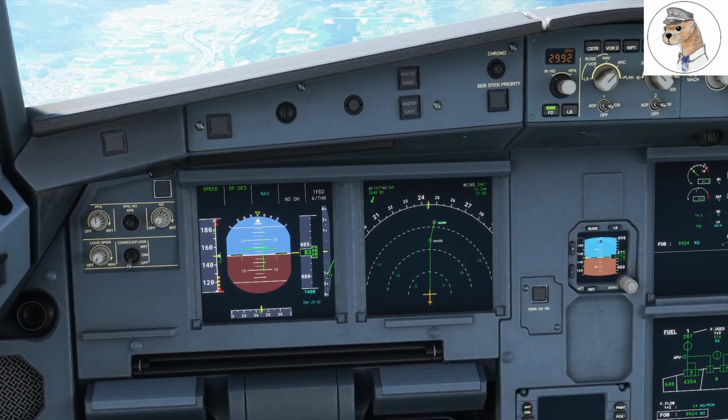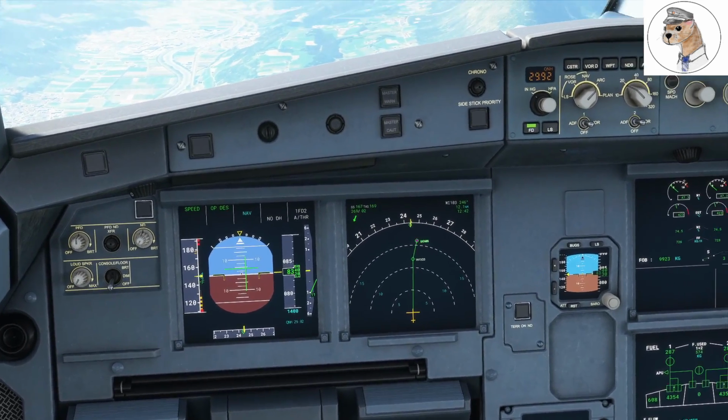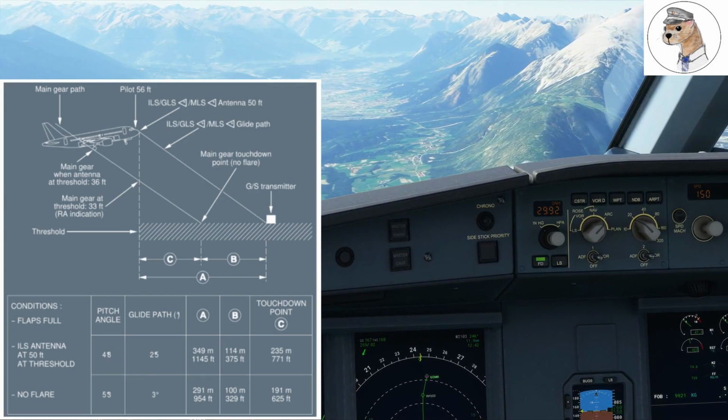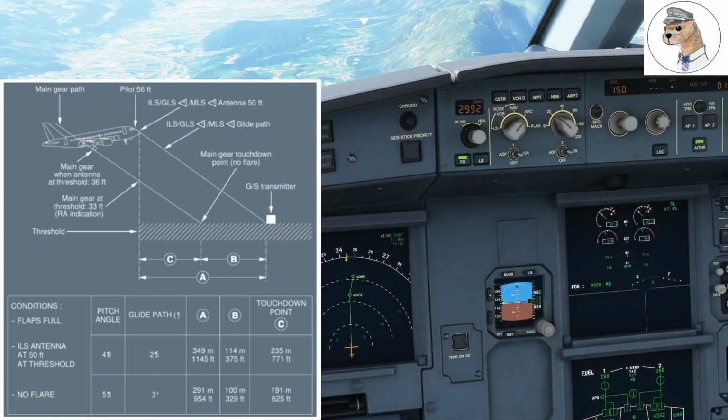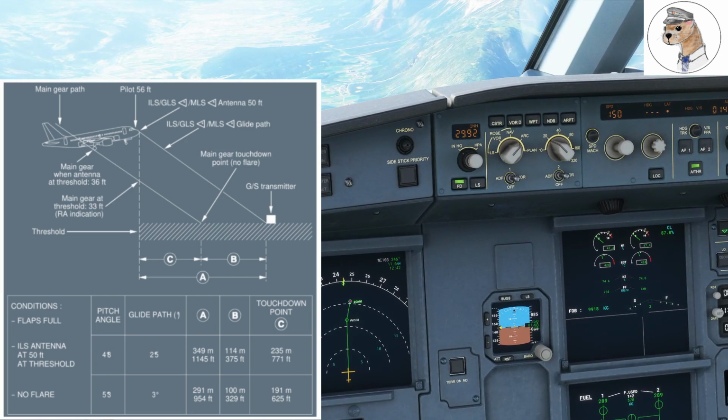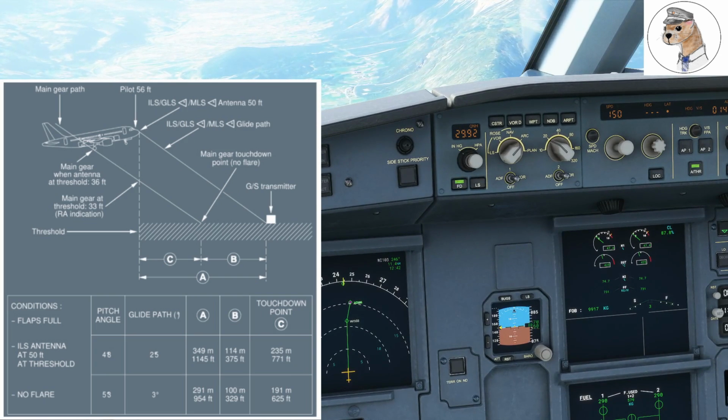So, after this, you've got the ILS final approach diagram. This kind of shows that the antennas are in the nose of the aircraft, and as we're coming down, the wheels are going to actually touch down maybe about 100 meters behind where the glide slope antenna should be on the runway, if you fly it perfectly.